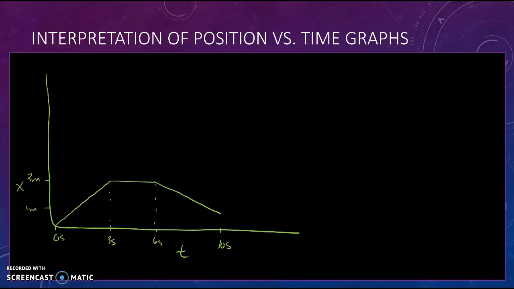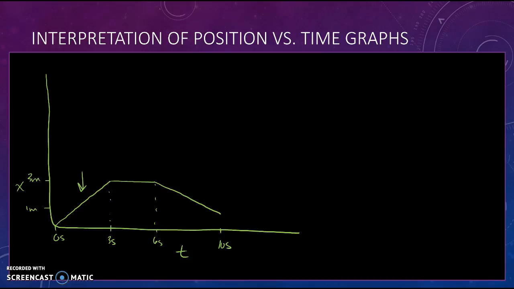So as mentioned before, you can look at the slope of these position time graphs and you can get velocity. So maybe at this part right here, the first question is, is it moving forward or is it moving backwards? The way we can tell on a position time graph is the slope of the graph. If the slope is positive, then the object will be moving in the forward direction. And if it's negative, then it's moving in the backward direction, because a positive slope indicates a positive velocity.